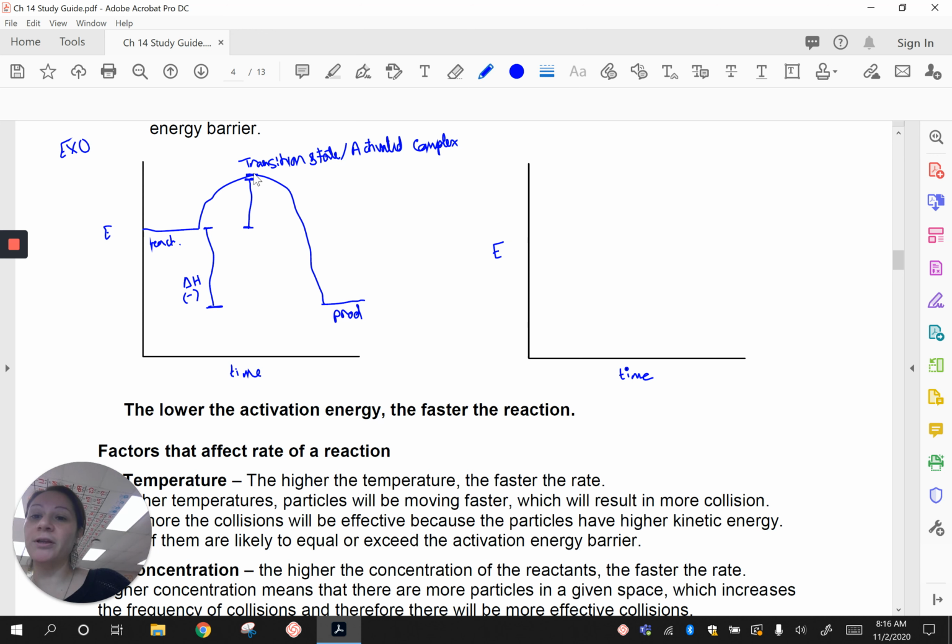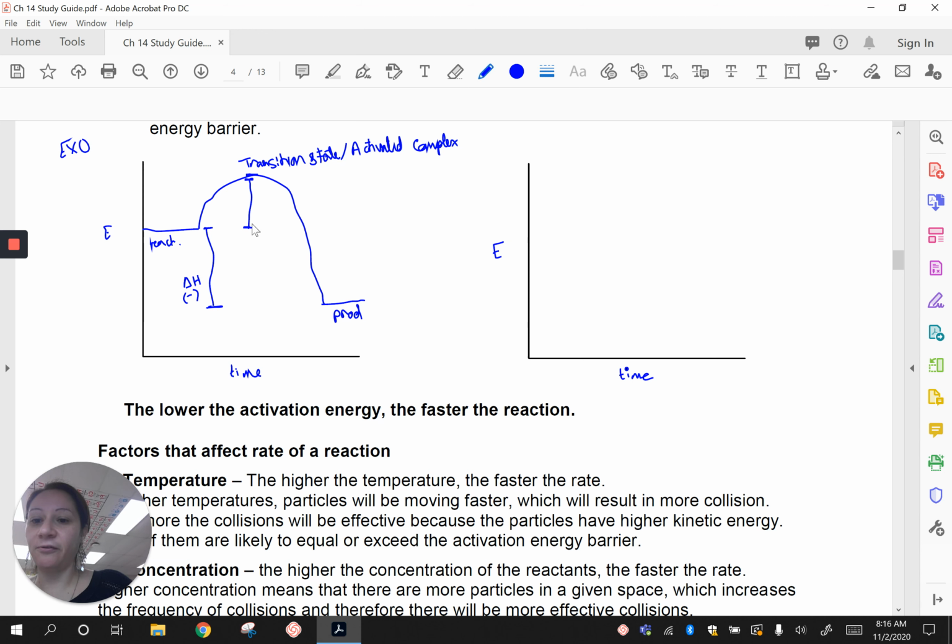If they collide with enough energy to reach that transition state, then that's when the reaction could occur. Once you reach that transition state, you can form the products, or possibly you can also go back and reform the reactants. That happens with reversible reactions. We'll talk about that more next chapter. But for now, these reactants need to collide with enough energy to reach that transition state.